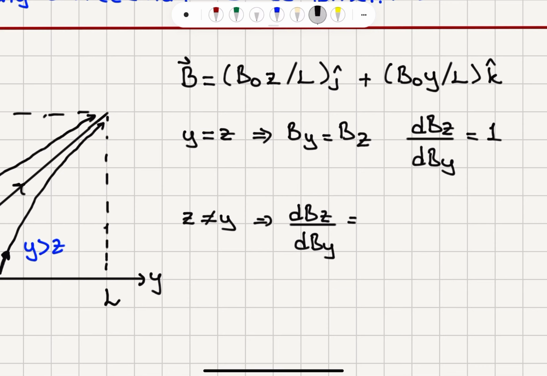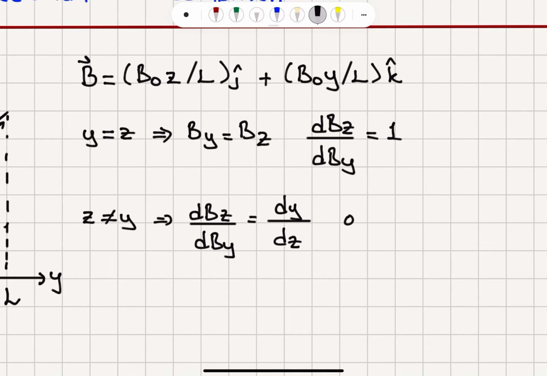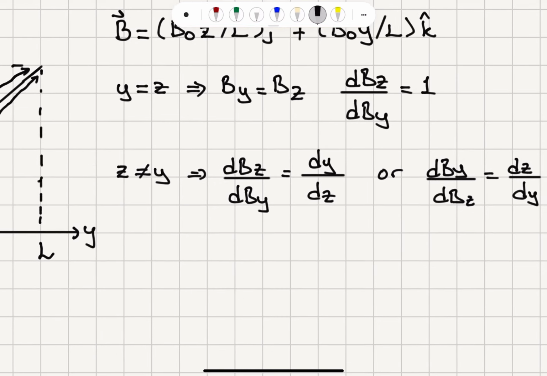So dBz/dBy is equal to dy/dz. We can make some comments about the slope here.